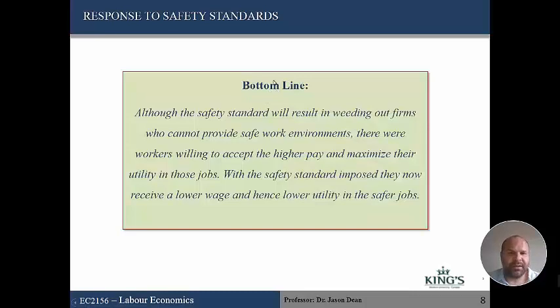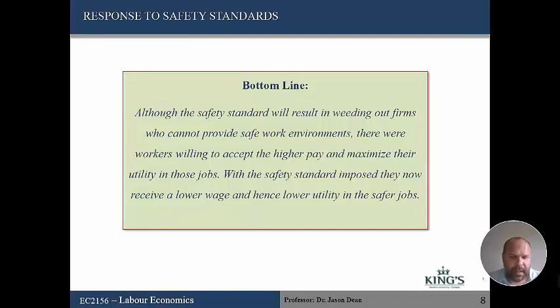So the bottom line is, the one positive aspect apparently of a safety regulation would be that it would weed out firms that cannot provide safe work environments, like in the previous example, the firm 1.